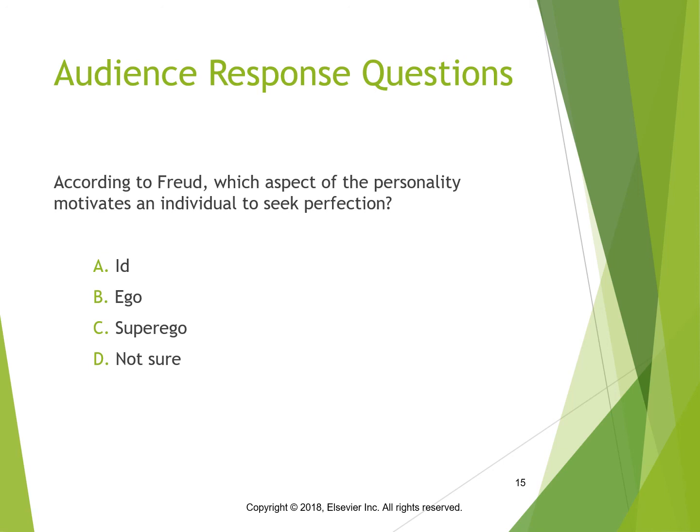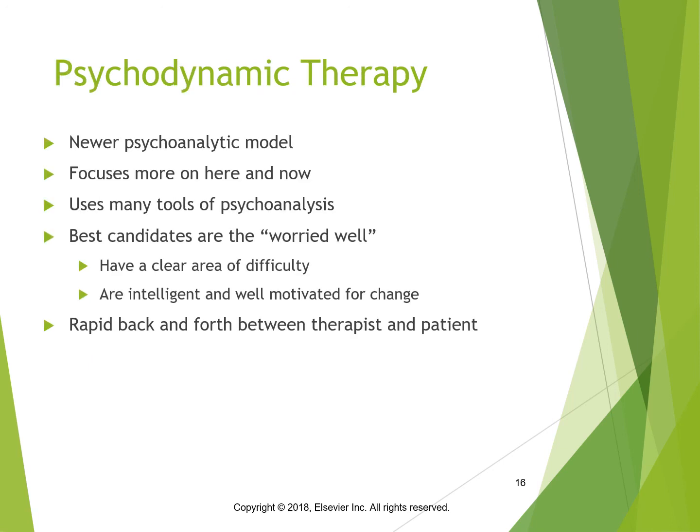or the morality principle. So psychodynamic therapy is a newer psychoanalytical model which uses these techniques. It focuses more on the here and now rather than looking at the unresolved conflicts. It uses tools like free association, catharsis, transference, and countertransference, and it helps to explore the issues. The best candidates are the worried well, who have a clear area of difficulty, and are intelligent and well motivated for change.